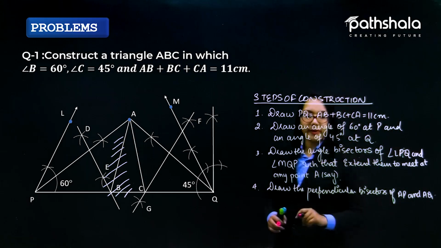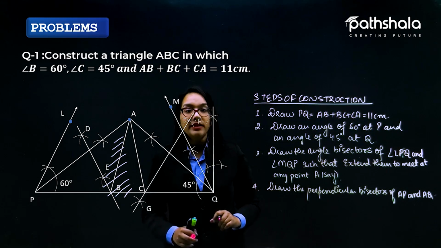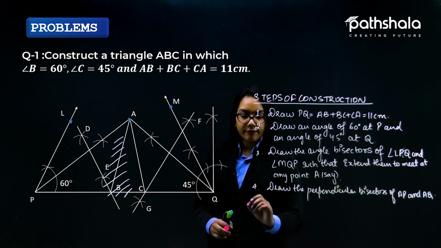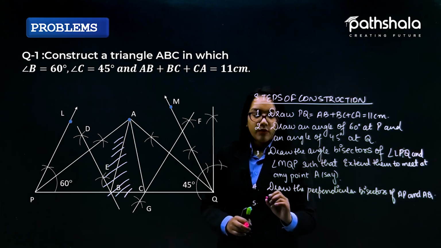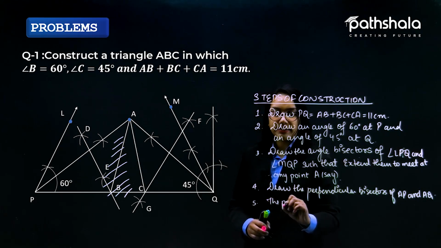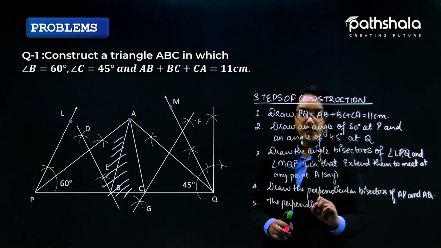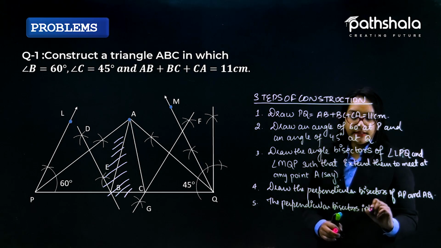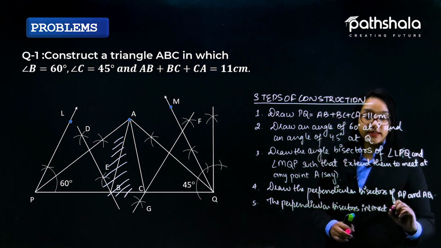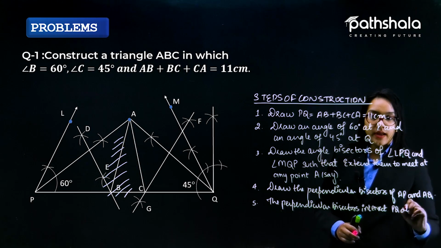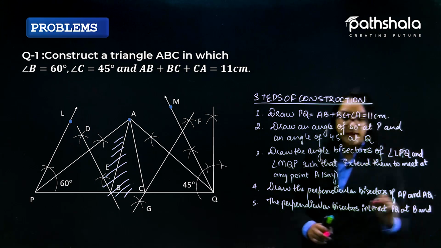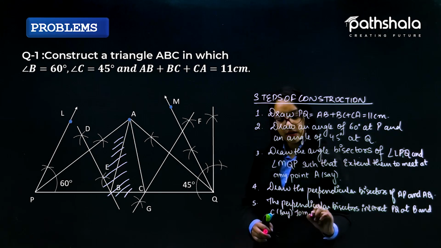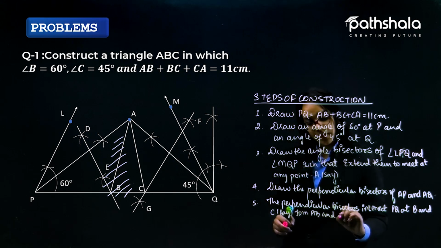Fifth, wherever the perpendicular bisectors intersect PQ at B and C, say, join AB and AC.